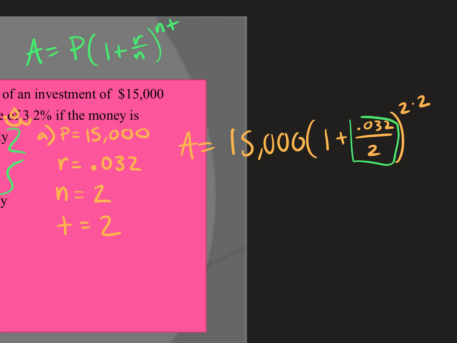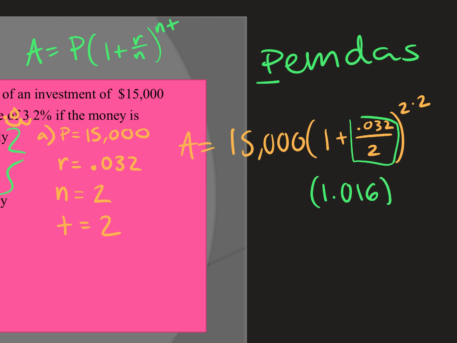The division in the parentheses. So follow your order of operations. As a reminder, it's PEMDAS: parentheses, exponents, multiplication, division, addition, subtraction. So 0.032 divided by 2, and then we add 1 to it. So inside our parentheses, we should get 1.016. And that is to the power of 4 times 15,000.